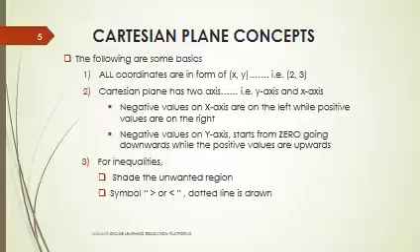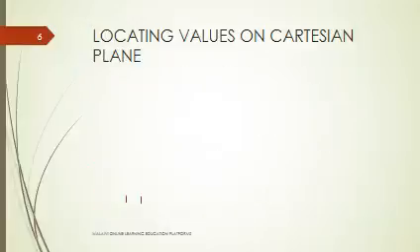It will make sense when you are drawing those inequalities. Another symbol, less than or equal to or greater than or equal to, is represented on the Cartesian plane by a solid line. So a solid line is drawn for less than or equal to and greater than or equal to, and a dotted line is drawn for less than or greater than.